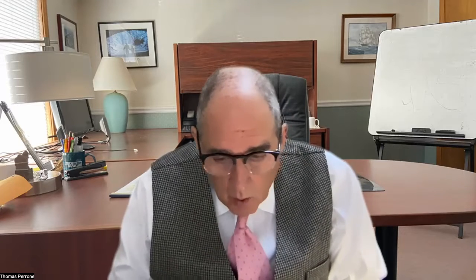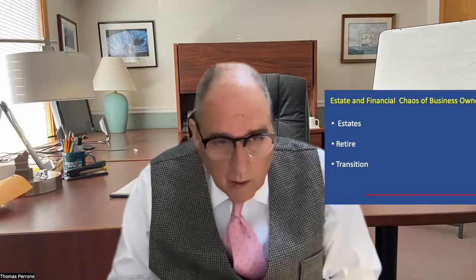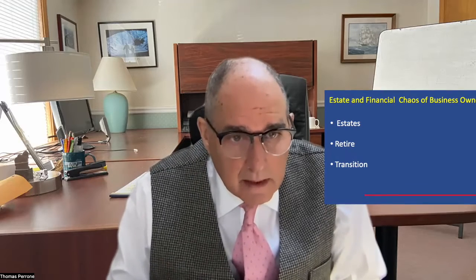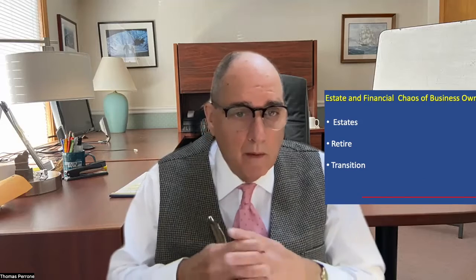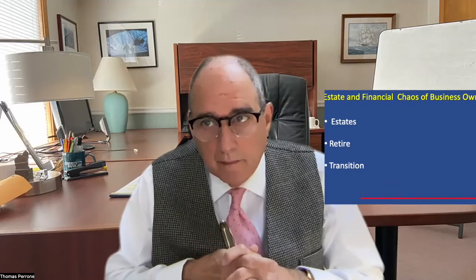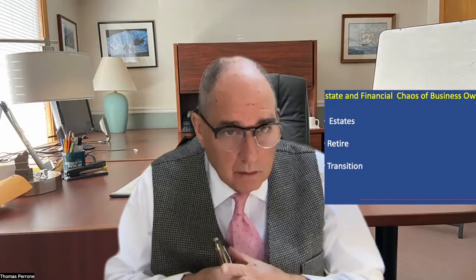Well, first of all, business owners have things happening in their life that they're unaware of until it happens. We'll call those triggers. One of them is when they have to settle an estate. One would be when they retire, and one would be when they have a situation of succession.